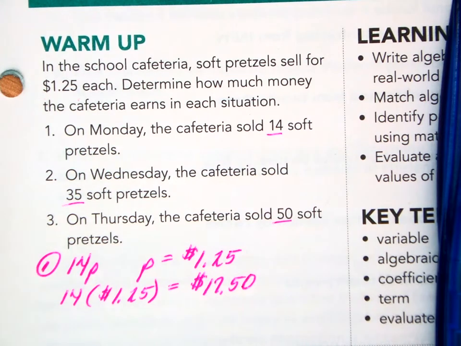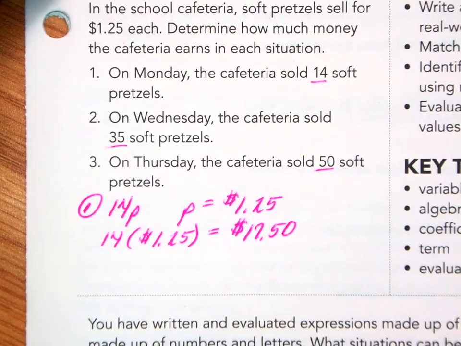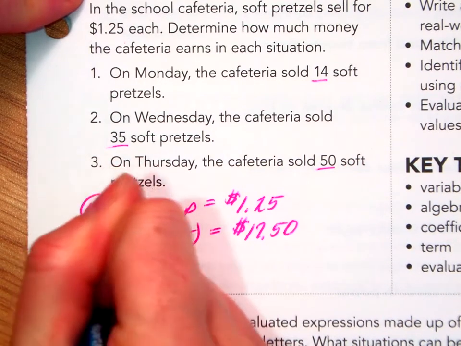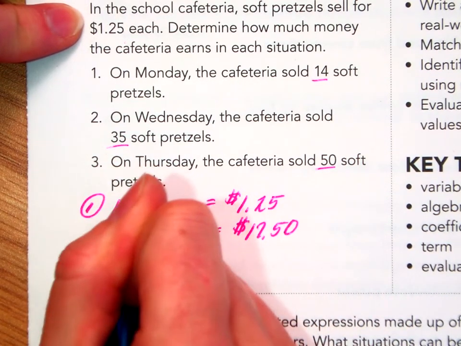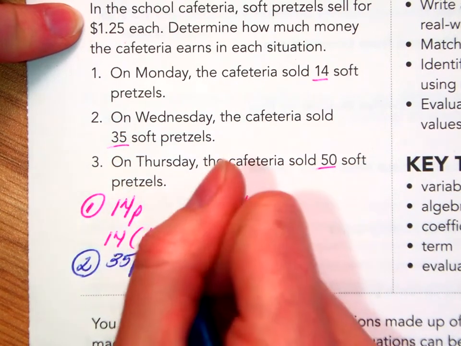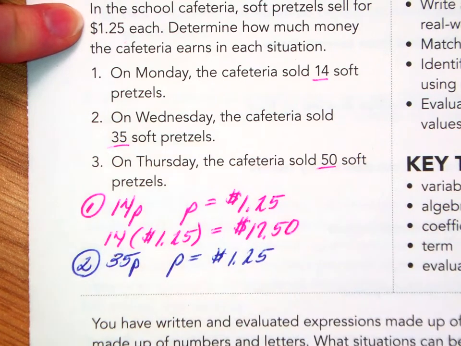Number 2. P still contains the same value, but now more were sold. So we should expect the price to increase. I'm going to say 35 pretzels sold for the price of P, where P, the price per pretzel, is still $1.25.